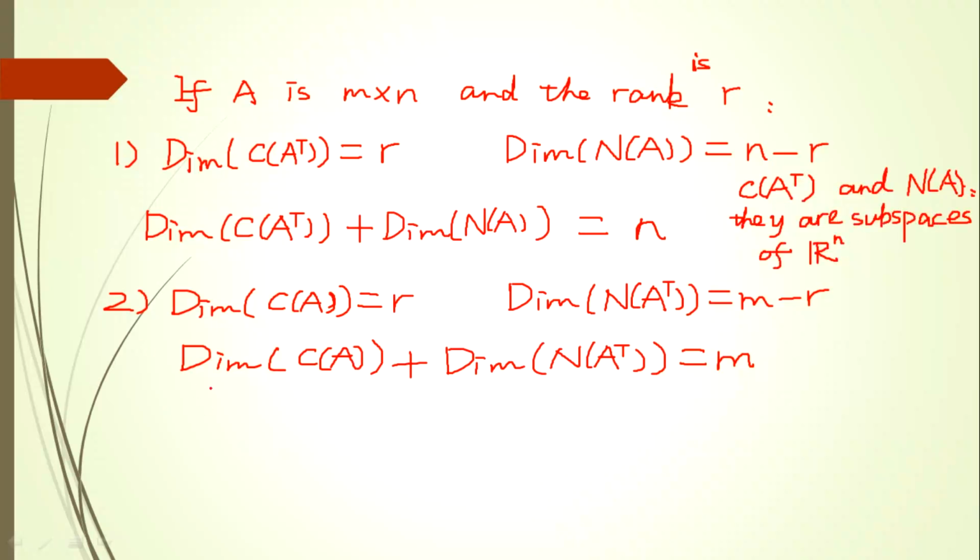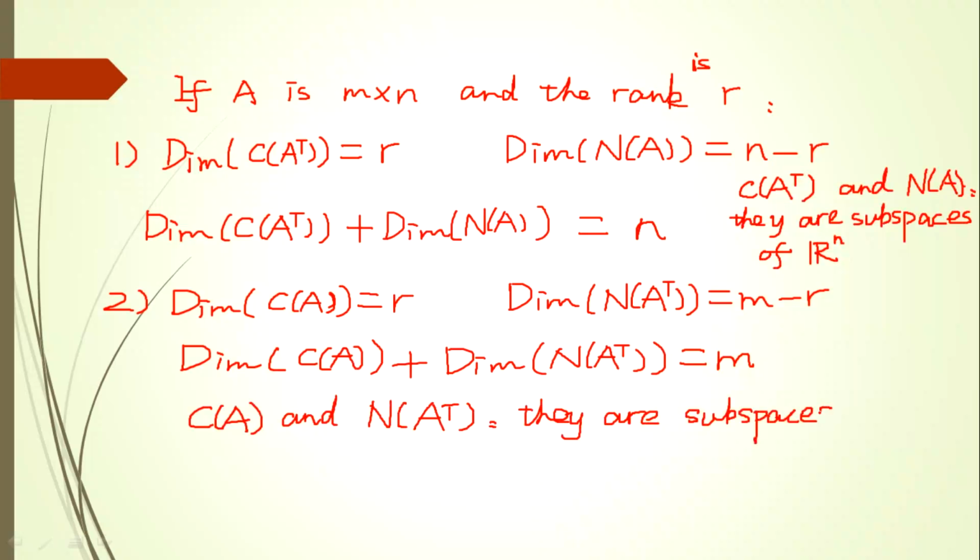Number two, the sum of dimensions of the column space and the left null space is m, and they are subspaces of Rm. So are you clear about those relationships for those four subspaces? In chapter 4, we will discuss the orthogonality between those four subspaces.